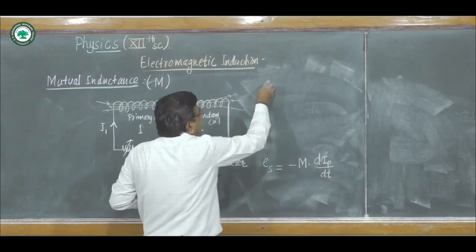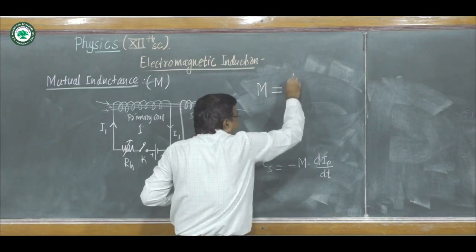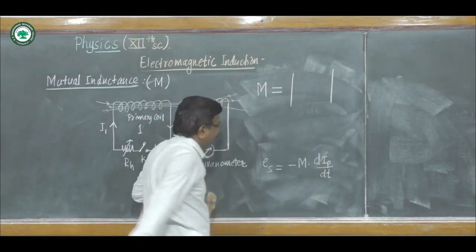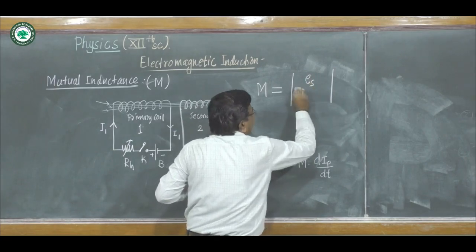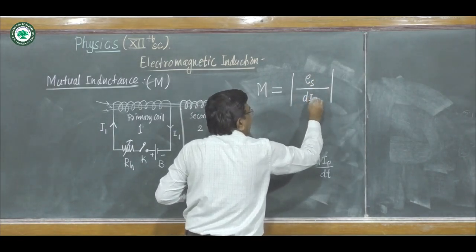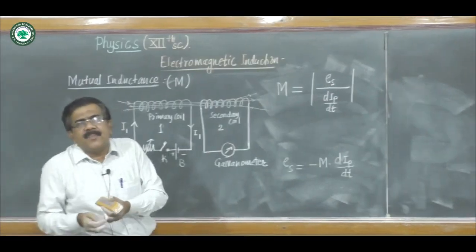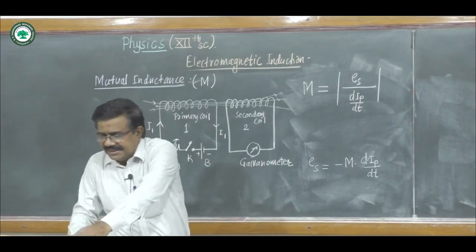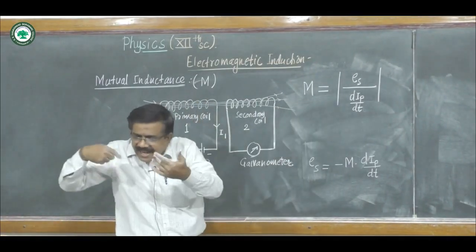By ignoring the negative sign, we write the mutual inductance as the magnitude of this ES, that is the EMF in secondary, divided by dIP upon dt. Hence here we define this mutual inductance in another way.